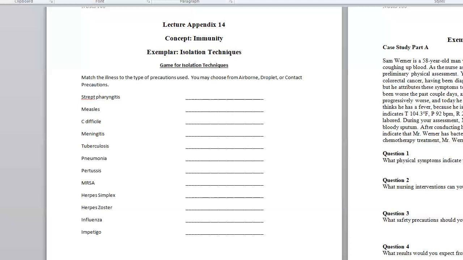And then the last one is contact precautions. Probably we use this one most frequently. It's used for patients who are known to have or suspected of having serious illnesses that are easily transmitted by direct patient contact or by contact with items in the patient's room, such as their bedside stand, or their personal property.